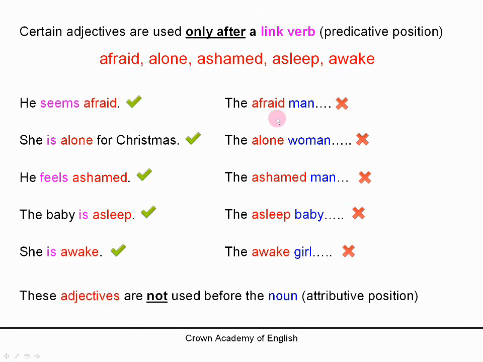Okay, scared man, and that is fine. That is okay to use scared before the noun. Another example is the asleep baby. This is wrong, but we can say the sleeping baby. Okay, so sleeping is fine to use before the noun.